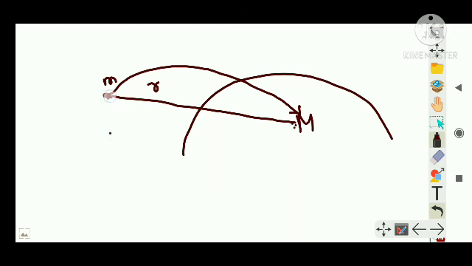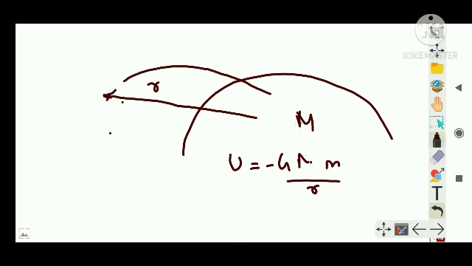So the potential energy U is equal to minus GMm by r. Now if, in place of m, I bring a 1 kilogram mass from infinity to this point in the presence of this capital M, then V is equal to minus GM by r.